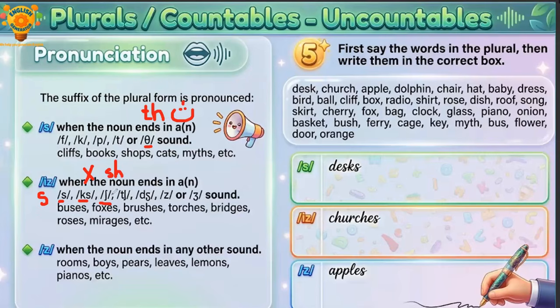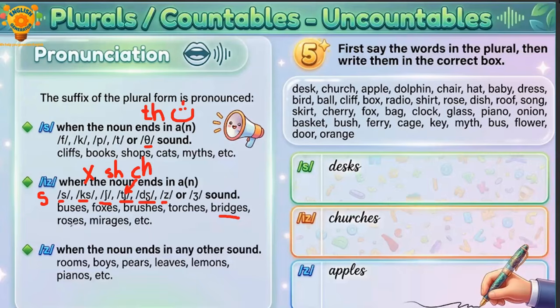These are the IPA symbols. This one is the sh sound, and this one is the CH at the end. And this one is j, like bridge. This one is the same as this one, bridge.